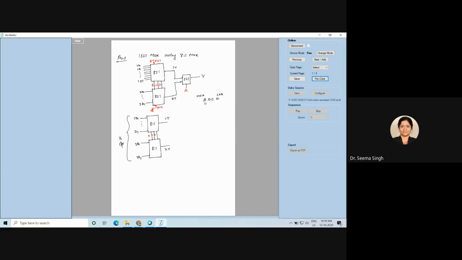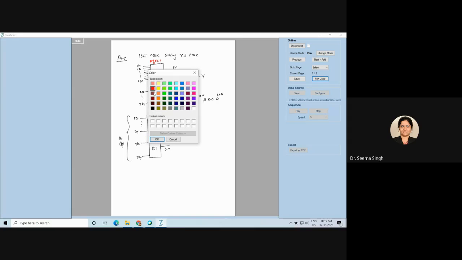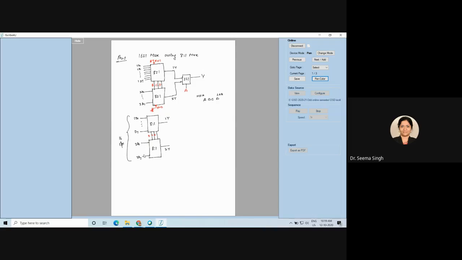Now I have to do something with this enable. If you want 1D0 to 1D7 as your first 8 inputs and 2D0 to 2D7 as the second set of inputs, what can you do, tell me? It is the same as what you were doing for the decoder.